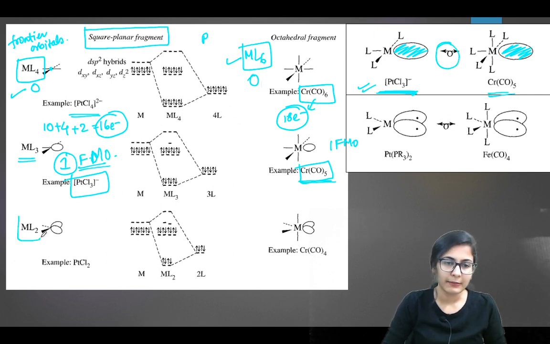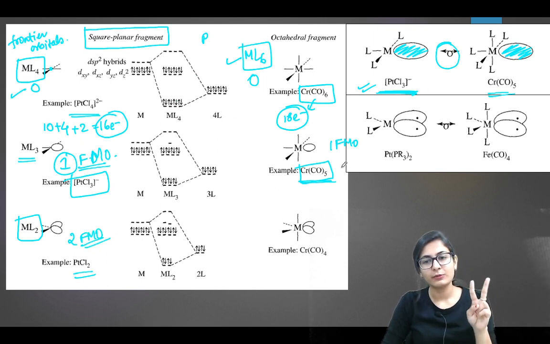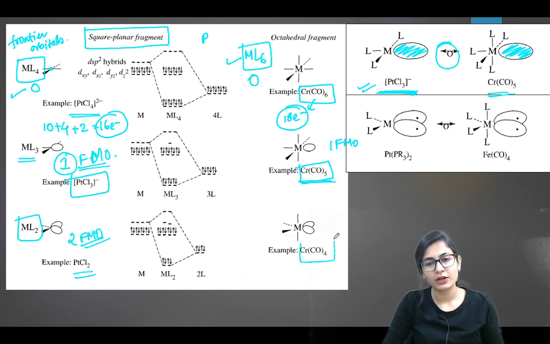Similarly, you look at the ML2 type structure, for example PtCl2. You don't have to look at the electrons, otherwise you'll get confused. Here we are explaining based on the frontier molecular orbital. Two frontier molecular orbitals, same goes for the octahedral complex. When there are two ligands short, it is chromium tetracarbonyl like this.